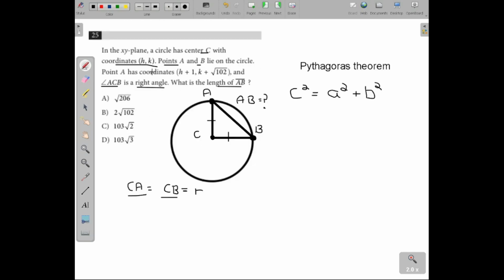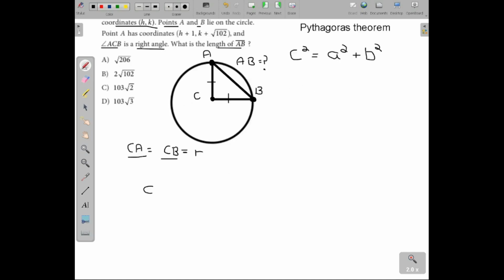Since we have the coordinates, we can find the distance between them. The segment CA or CB is equal to the square root of x sub 1 minus x sub 2, squared, plus y sub 1 minus y sub 2, squared.